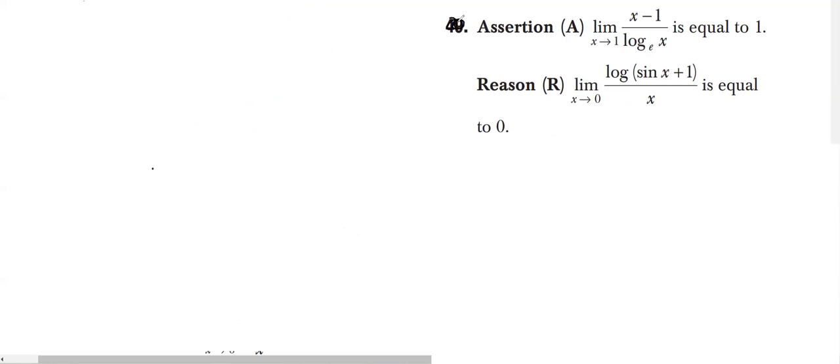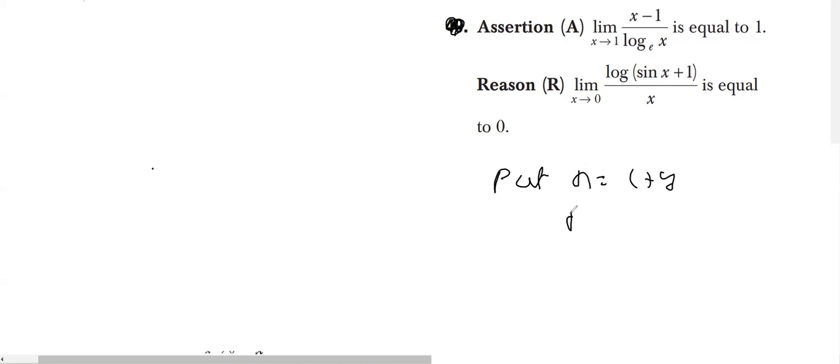In the next part, you can see here that we have an assertion as limit x tending to 1, x minus 1 over log x to the base e is equal to 1. So let's solve this. What we need to do here is put x equal to 1 plus y.